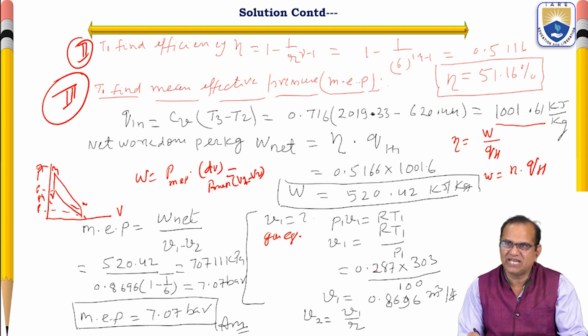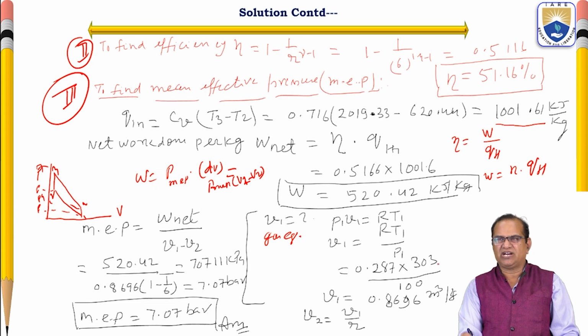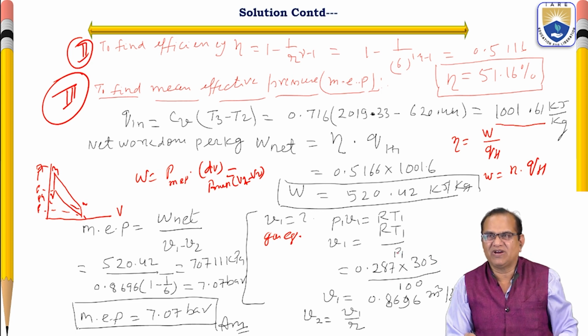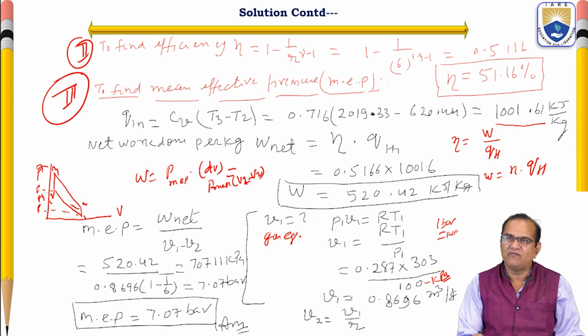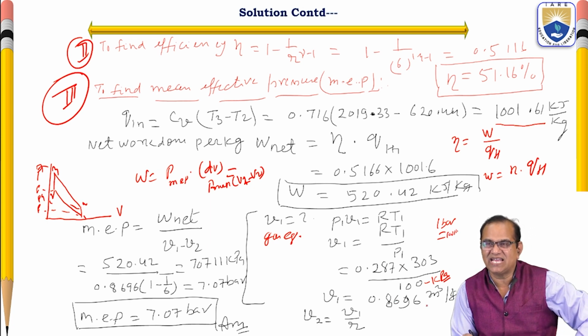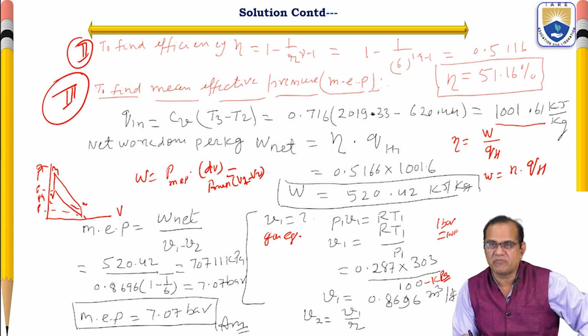R is 0.287 into T1, which is 303, divided by P1. Here we have to put kilopascal, you have to take care: 1 bar is equal to 100 kPa. So V1 we have got 0.8696 meter cube per kg.